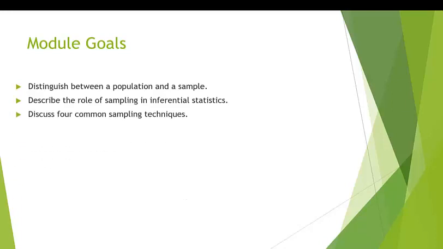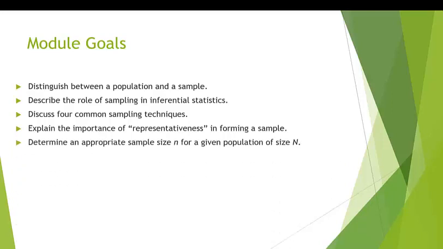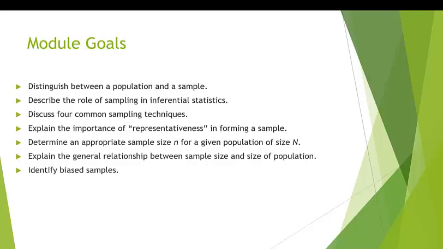Discuss four common techniques used for sampling. Explain the importance of representatives in forming a sample. Determine an appropriate size, little n, for a given population of size big N.